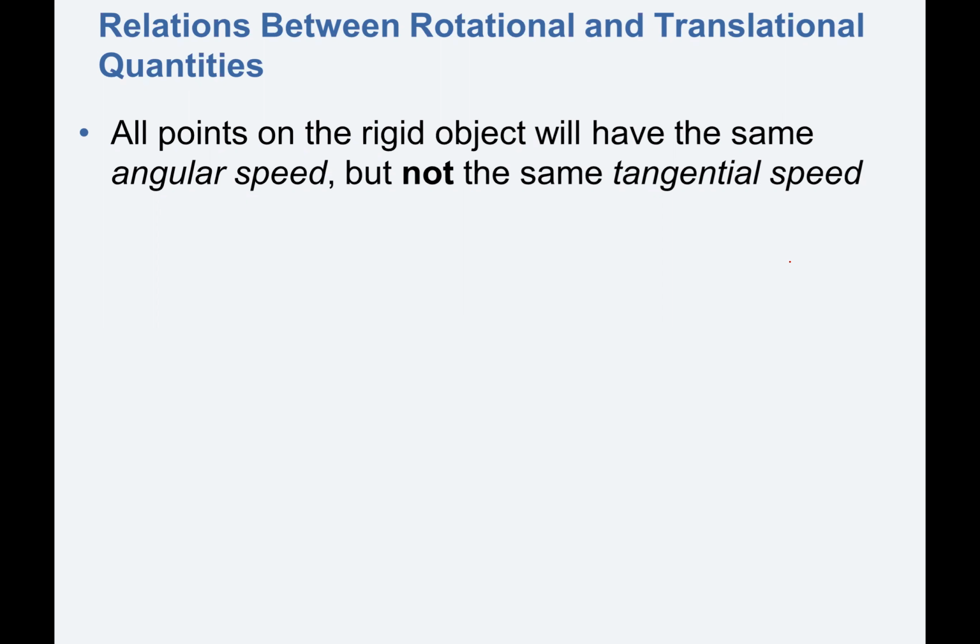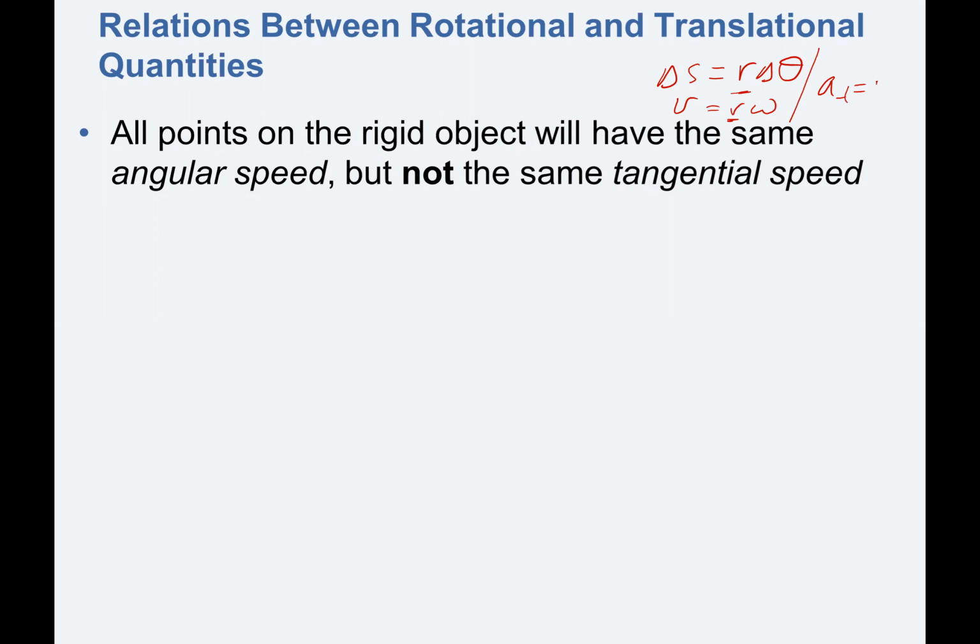But the problem here is that if you're using linear variables, every particle has different linear variables. That means every particle has a different linear displacement, different linear velocity, different linear acceleration. Because you can see from the equations, delta S equals R times delta theta, so it depends on position. V equals R times omega, it depends on position.